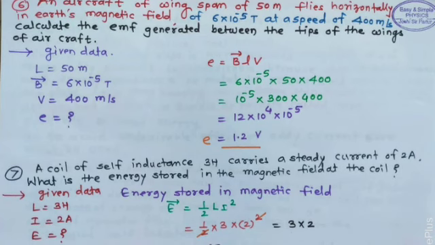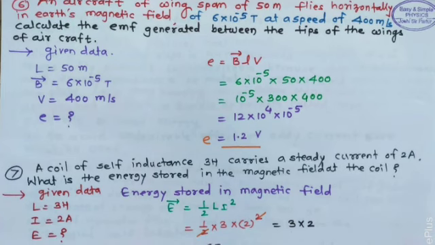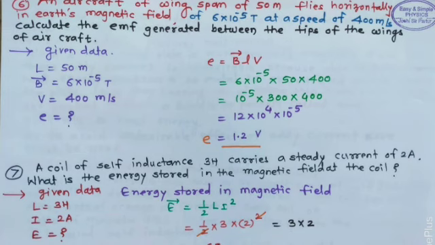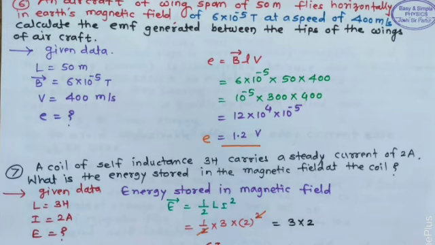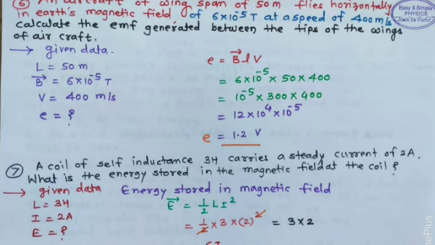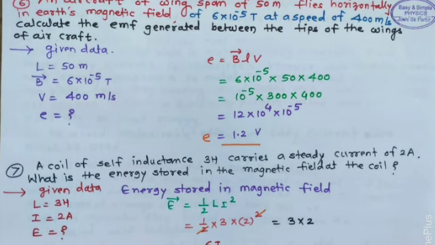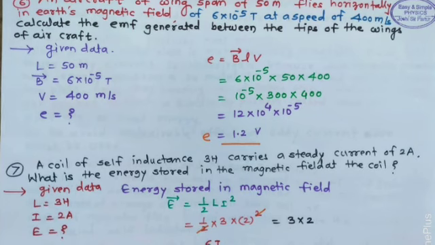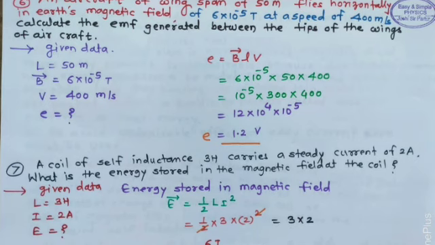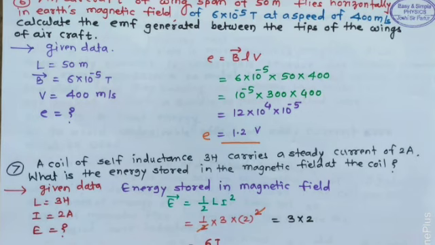Calculate the EMF generated between the tips of the wings of the aircraft. See here, the numerical can be solved like this. Given data: length is 50 meter, magnetic induction B is 6 into 10 raised to minus 5 Tesla, velocity is 400 meter per second, and we can find out the EMF.